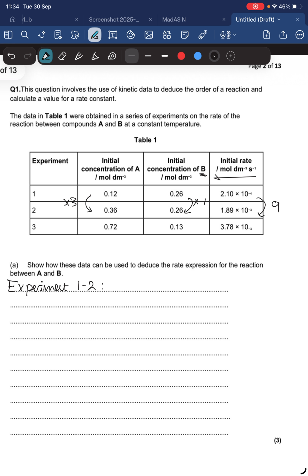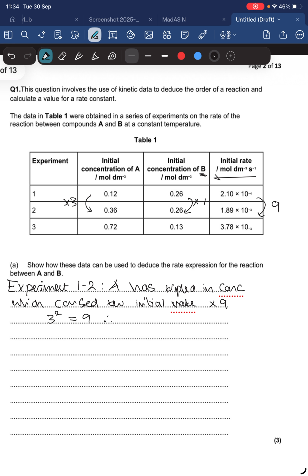Well, from this we can determine that A has tripled in concentration, which caused the initial rate to times by 9. And if we know powers, we know that 3 squared is equal to 9.